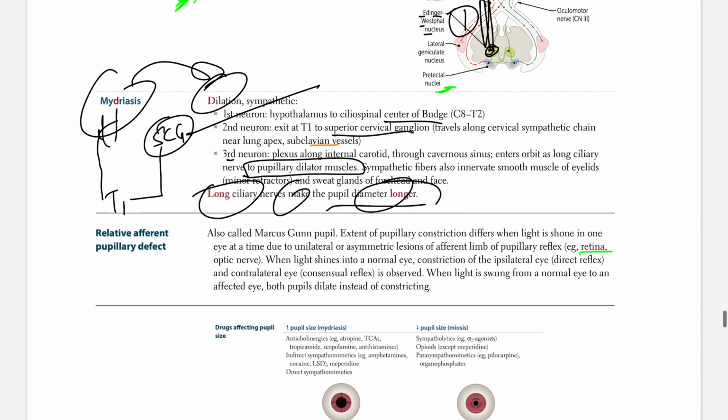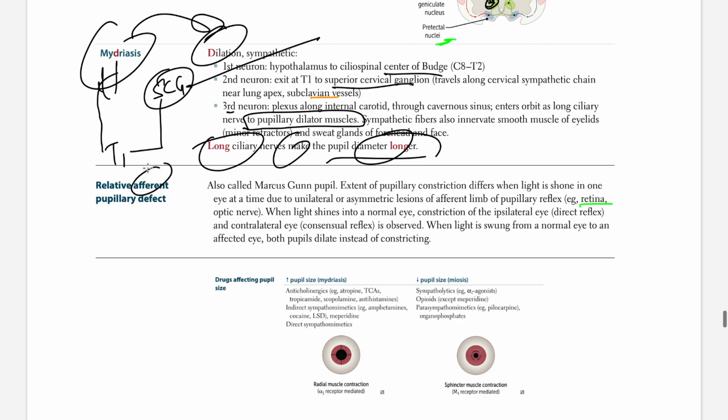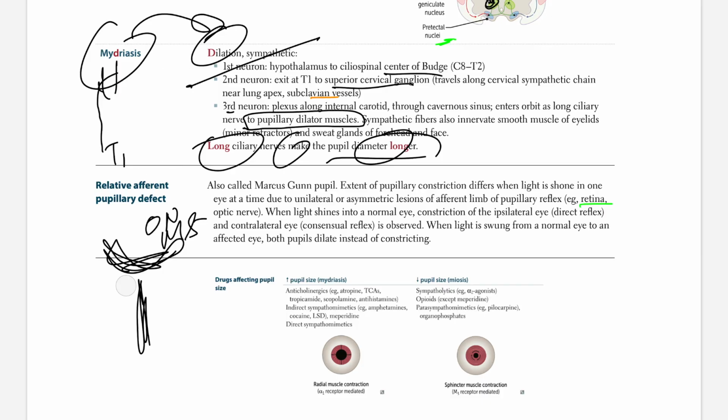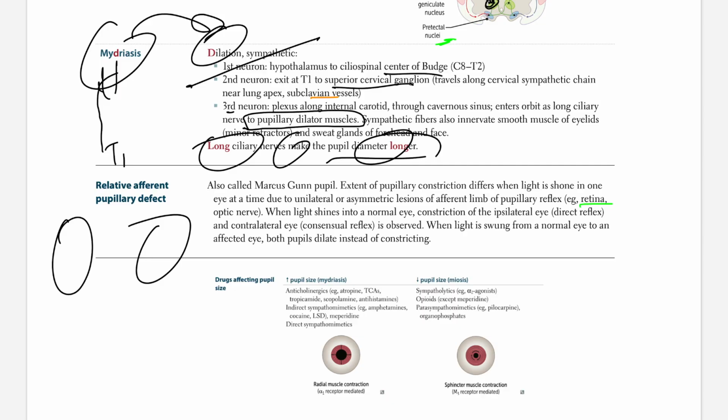Then we have the afferent defect. As the name suggests, with an afferent pupillary defect, either you have a problem in the retina or a problem in the optic nerve. The most common optic nerve problem is optic neuritis, which is seen in multiple sclerosis, MS. When you shine the light in the normal eye, both eyes will constrict because everything is going normally.